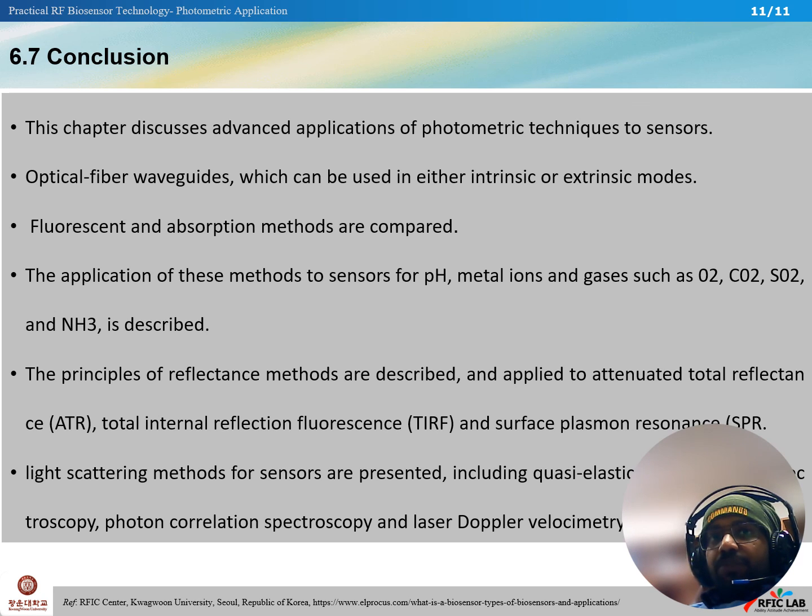And also we talked about the principles of the reflectance method, which has three types: attenuated total reflectance, total internal reflection fluorescence, and surface plasmon resonance. For the light scattering method we talked about three: QELS, photon correlation spectroscopy, and the last, laser Doppler velocimetry.